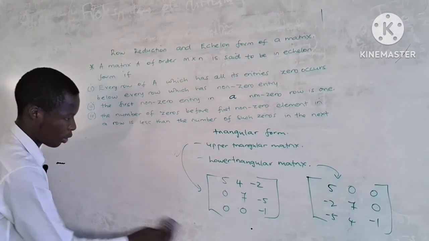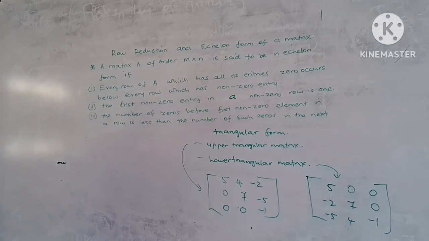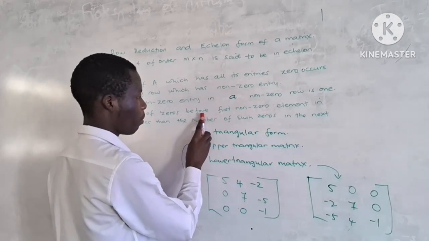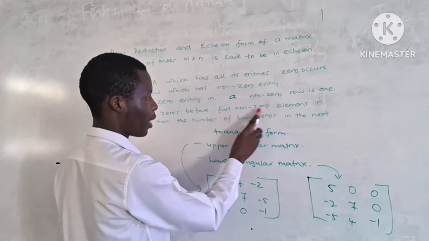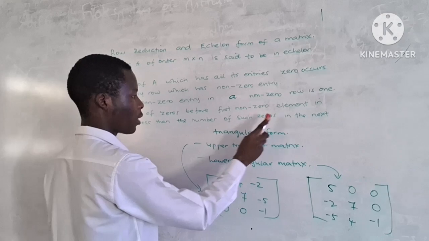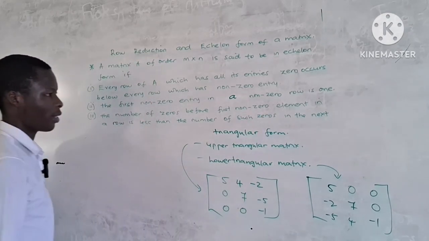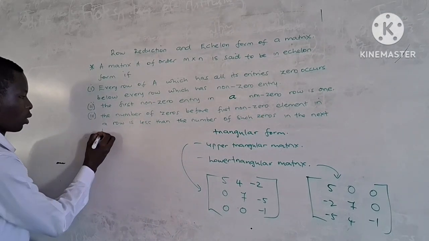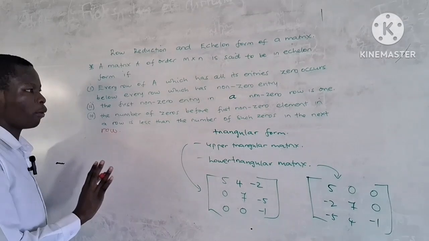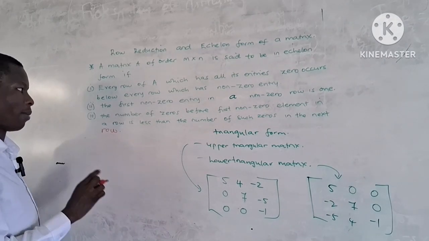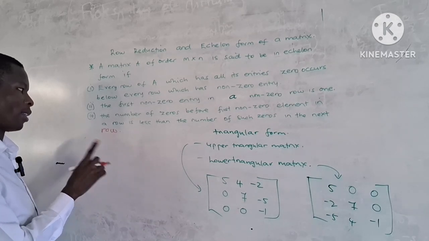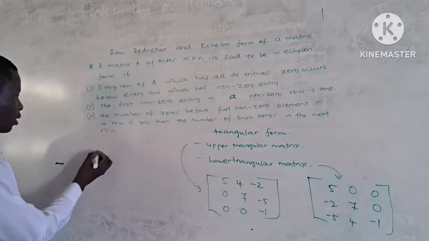Let's move on to point number 3. The number of zeros before the first non-zero element in a row is less than the number of such zeros in the next row. What is the meaning of this statement?